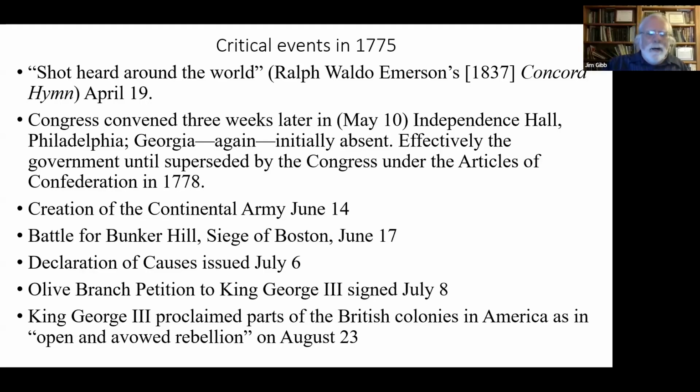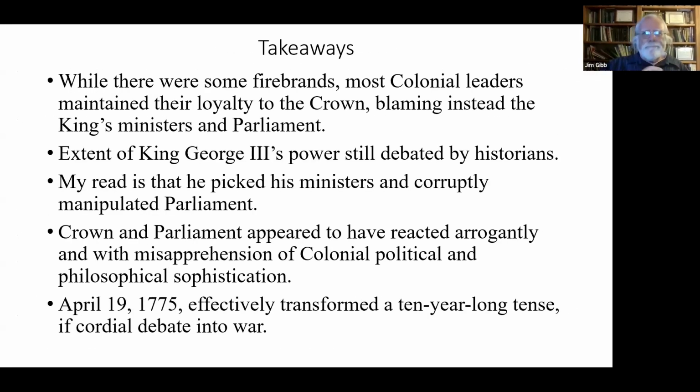And so he basically ignored these documents. And once those shots were fired at Lexington and Concord, all those laws passed by Parliament and all that non-importation, non-consumption stuff that the previous Continental Congress had adopted, all that was moot. We have open civil war.